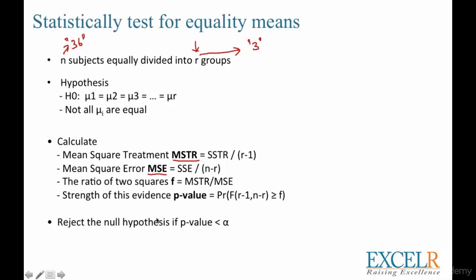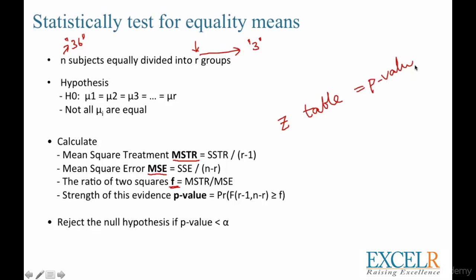And if you take the ratio of this, you would get a value called F distribution. We will discuss about this when we discuss about linear regression. These values will come up. And from this F value, we have already done this. We looked at the Z table to calculate the p-value.